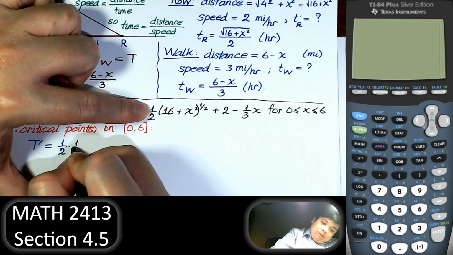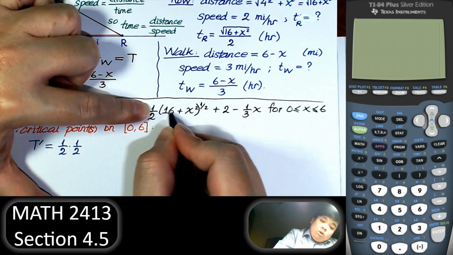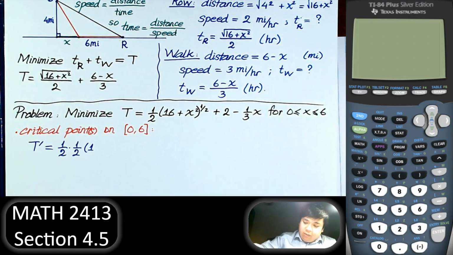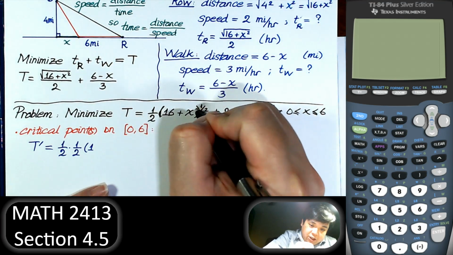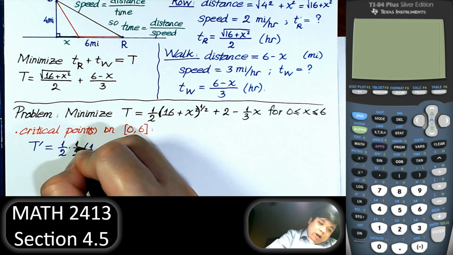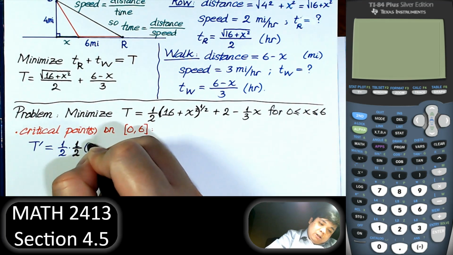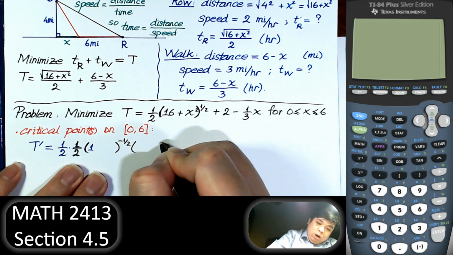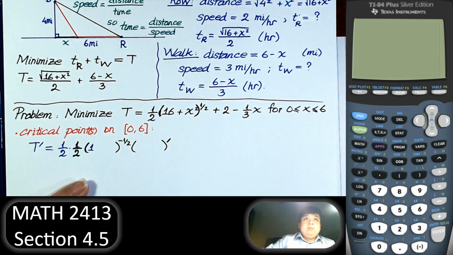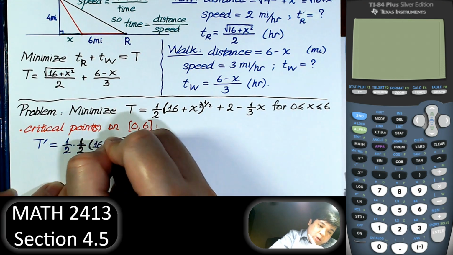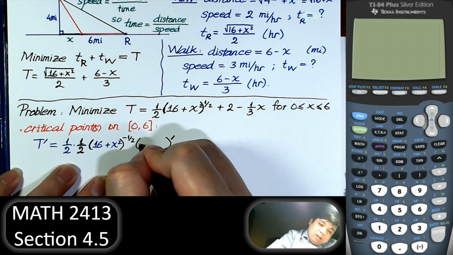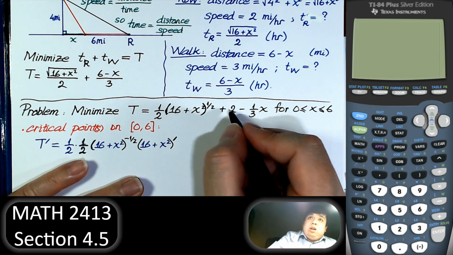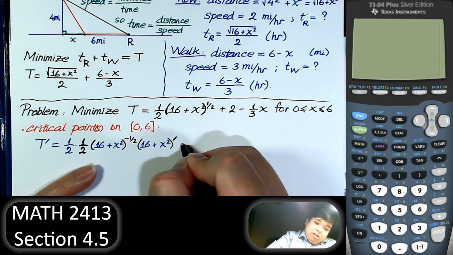Take down the 1/2 as the original power. I'm going to use the chain rule here. So it will be 1/2 times parentheses to the negative 1/2, and then the derivative of the parentheses, 16 plus x squared. Derivative of 2, the derivative of a constant is 0, and the derivative of this is minus 1/3.